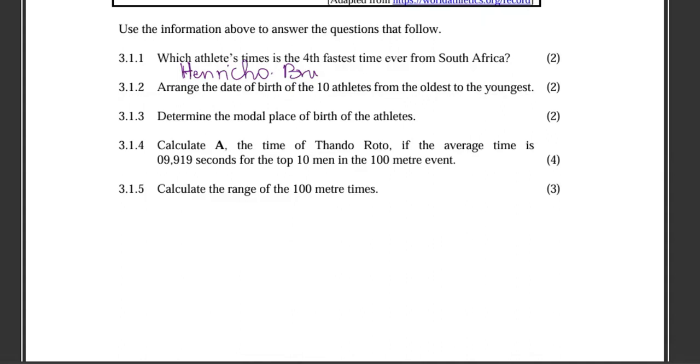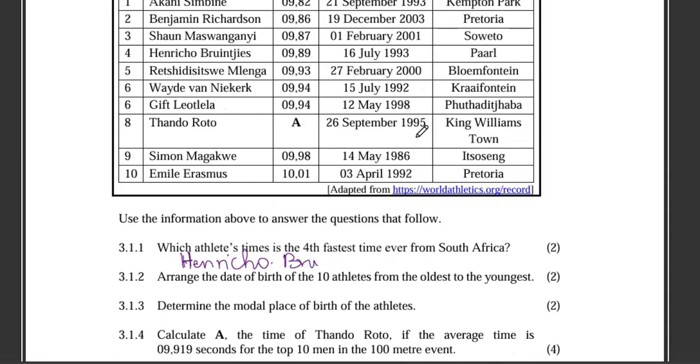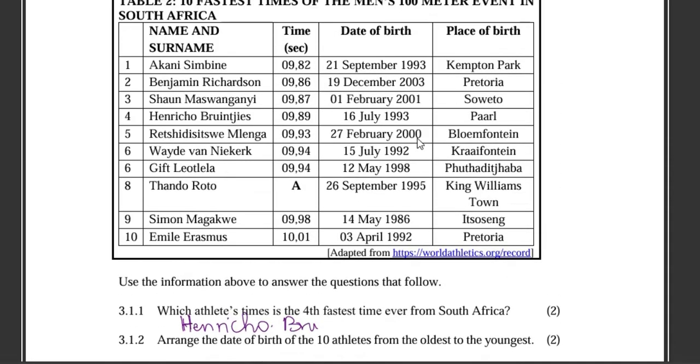Write the date of birth of the 10 athletes from the oldest to the youngest. So meaning from the smallest value here of the years. You shall just use the years. So this one takes number 1. 86. Number 2. Number 3.